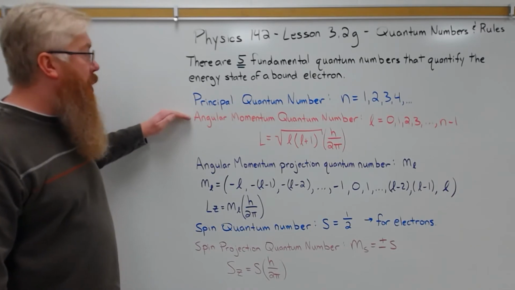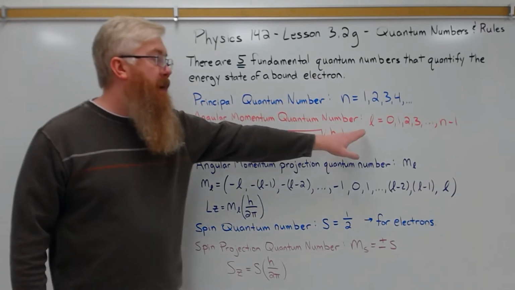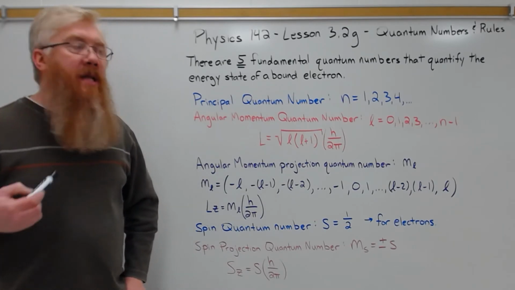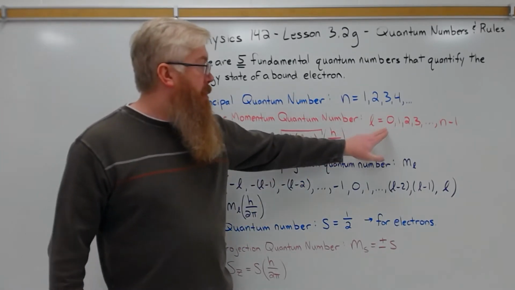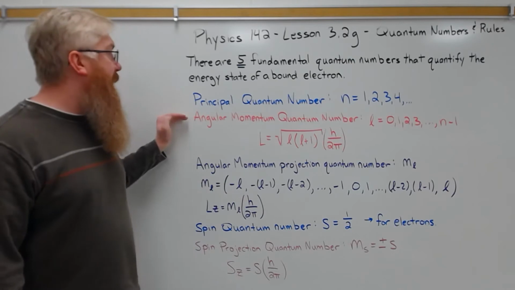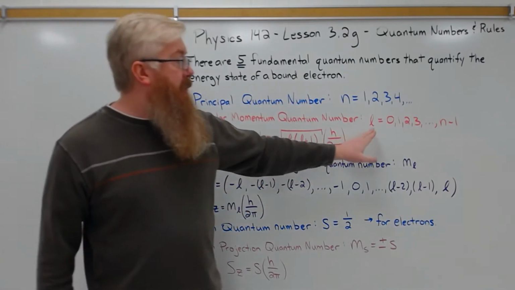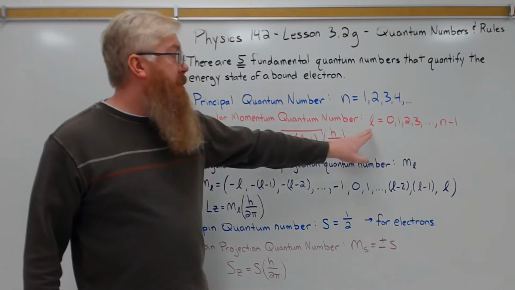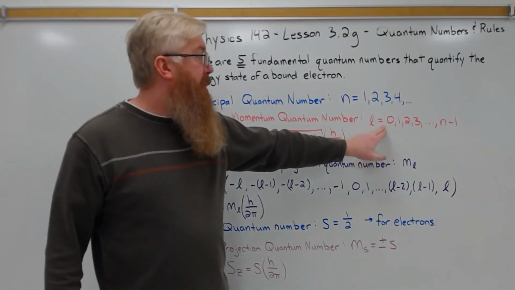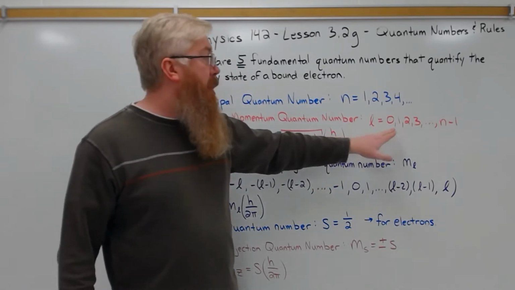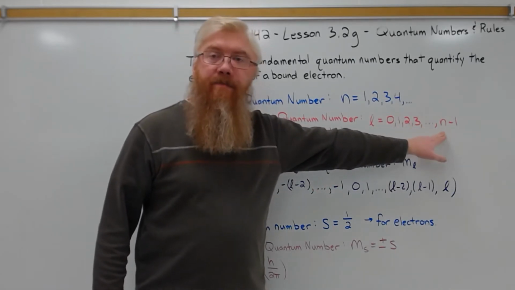The second number is the angular momentum quantum number given by a lowercase l. You're limited here for allowed states of the angular momentum depending on the principal quantum number. So the angular momentum quantum number, this lowercase l, goes from 0 in integer steps, 0 to n minus 1.